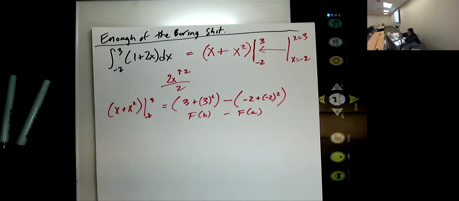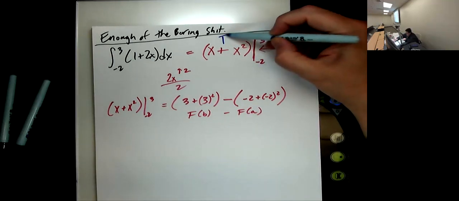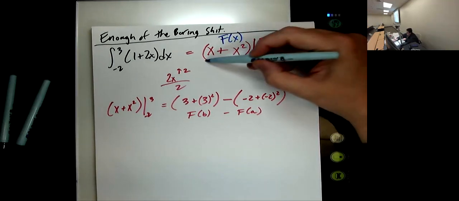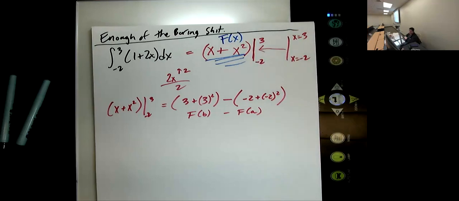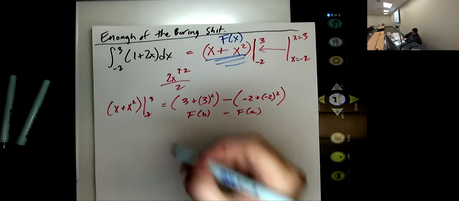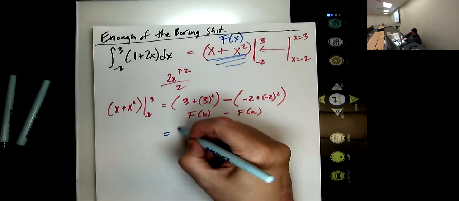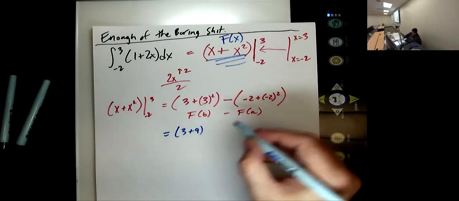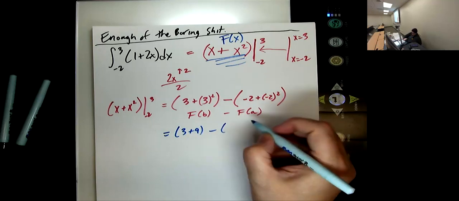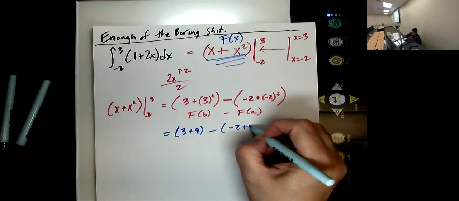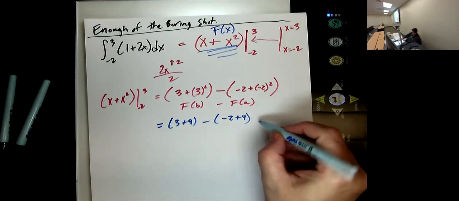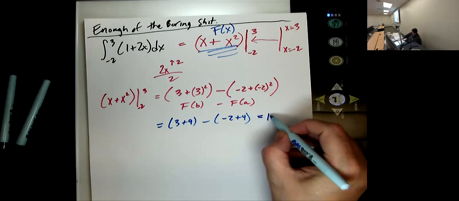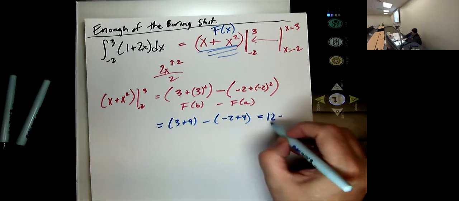Because this is our big F, that's my big F of x. So I've got 3 plus 3 squared is 3 plus 9 minus -2 plus 4. 12 minus 2 is 10.